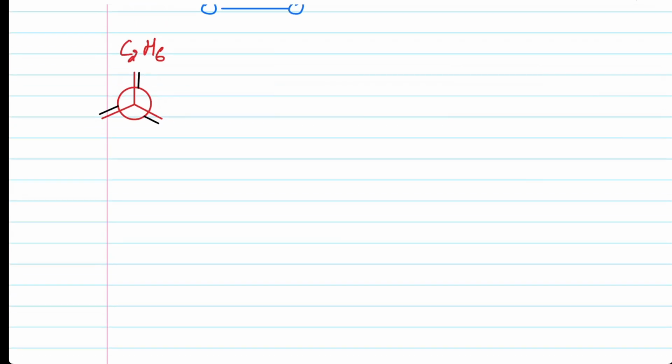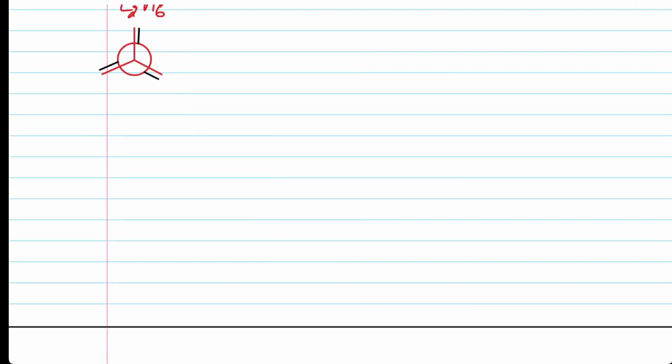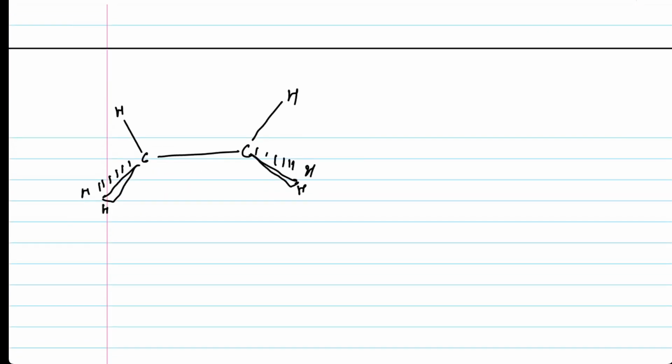Now considering this eclipsed structure, what we can do is simply pull a particular hydrogen towards us. If we pull this hydrogen towards us, then this hydrogen is going to move out of the plane, while this hydrogen is going to move in the plane. This hydrogen is going to move back.